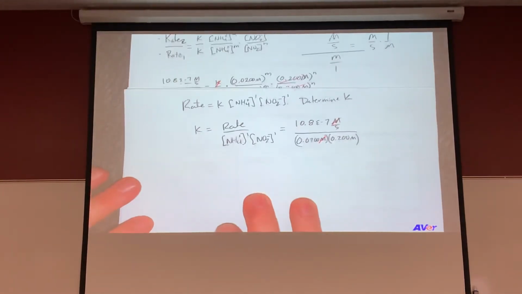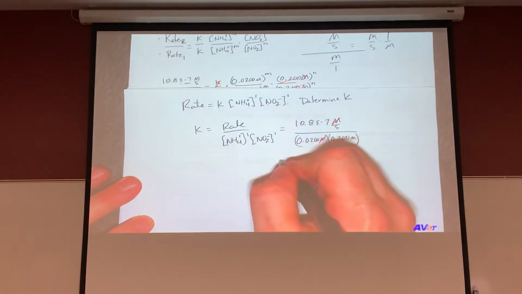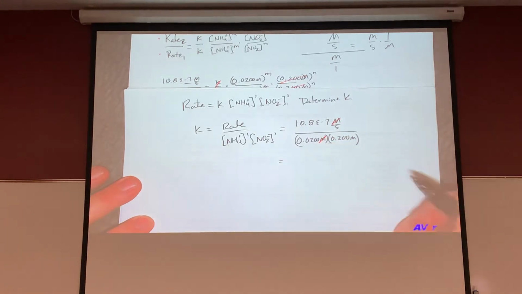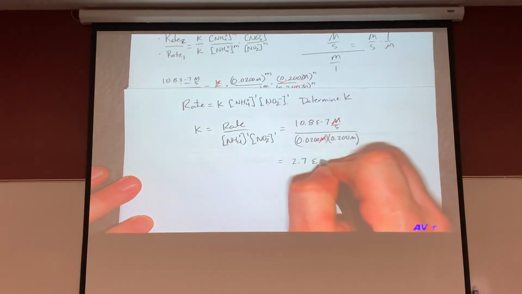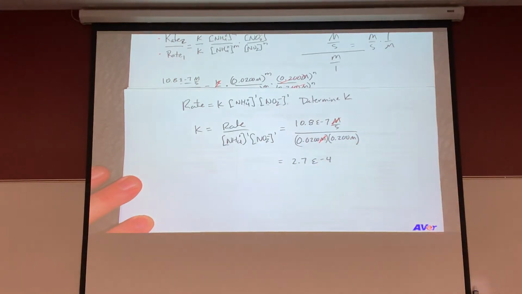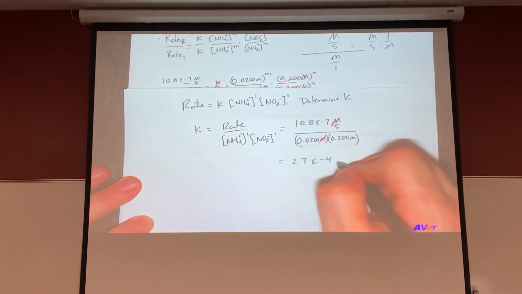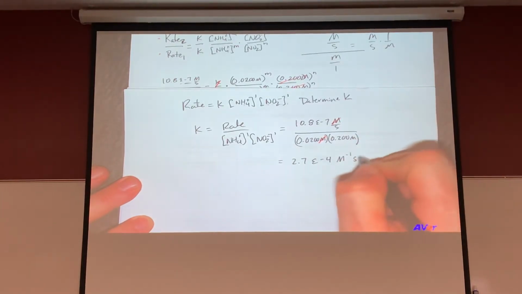Okay. So, somebody with speedy calculator fingers, what's the value for K? Did you figure it out? 2.7 times 10 to the negative 4? Okay, I think that's right. And the units that you end up with are molarity to the negative 1 and seconds to the negative 1.